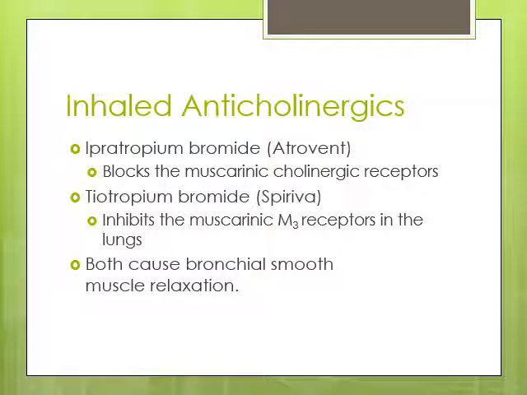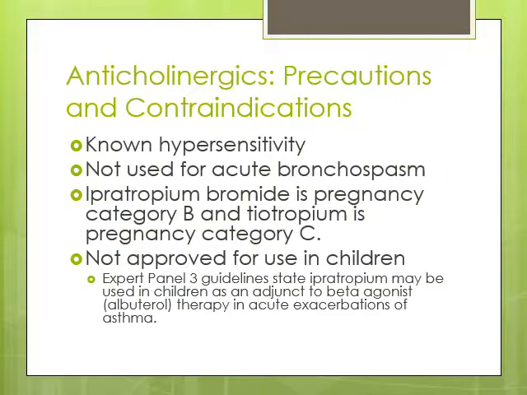Now, inhaled anticholinergics. Atrovent blocks the muscarinic cholinergic receptors, and also Spiriva, which inhibits the muscarinic M3 receptors in the lungs, and both of these cause bronchial smooth muscle relaxation.